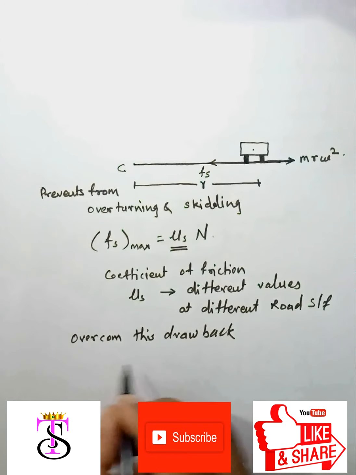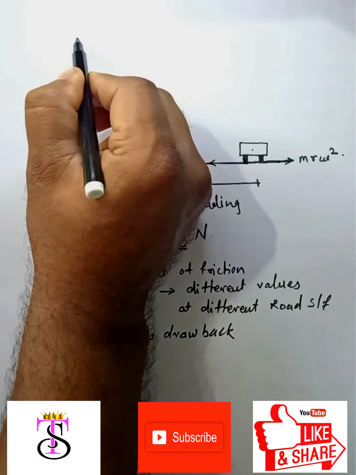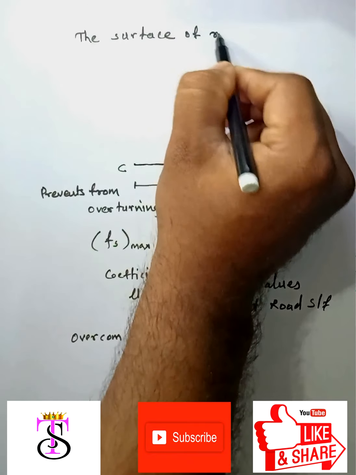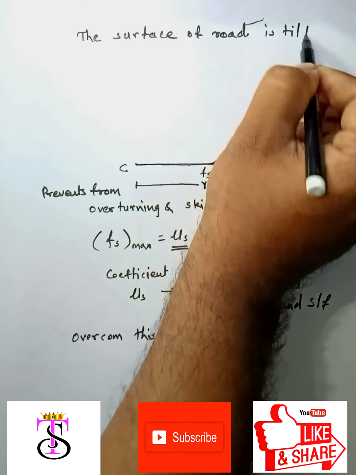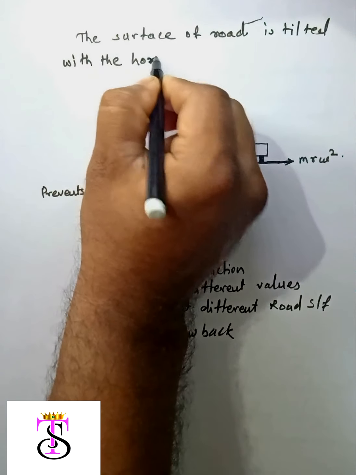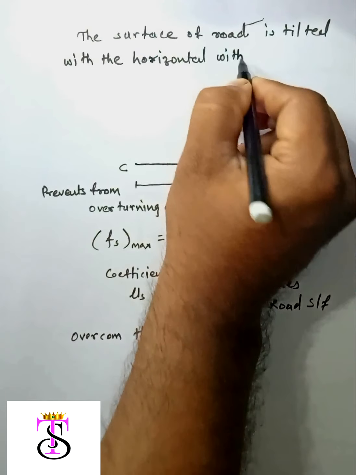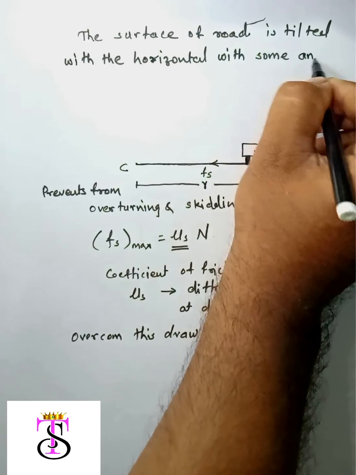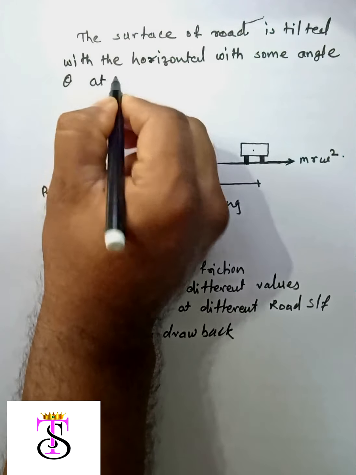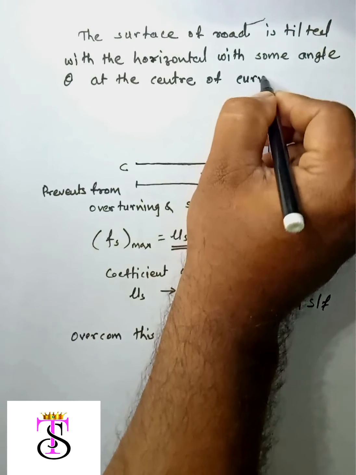and prevent the vehicle from overturning or skidding in real life, the surface of the road is tilted with the horizontal with some angle theta at the center of curvature.